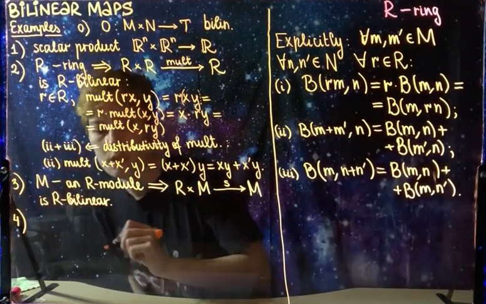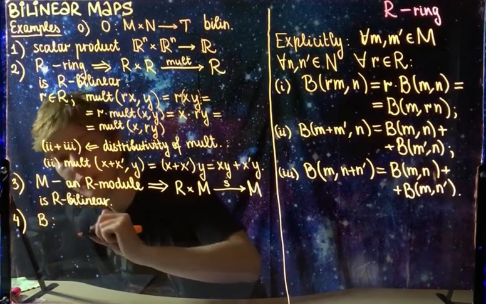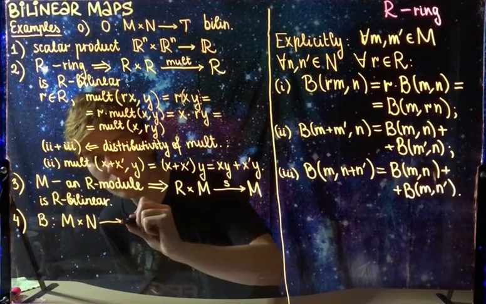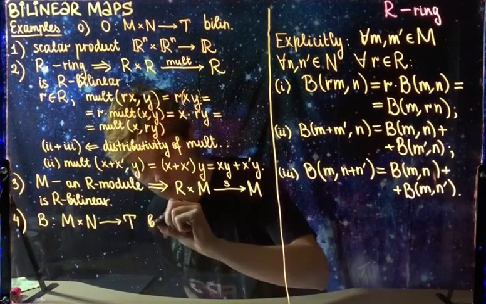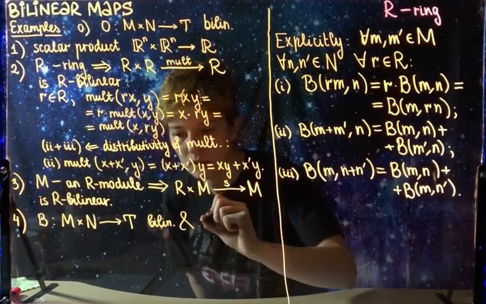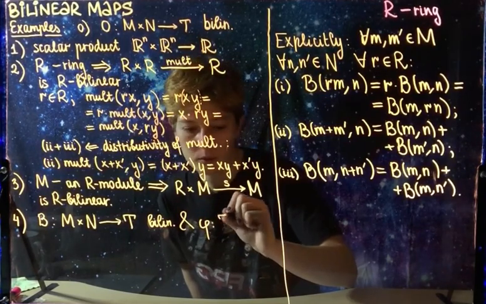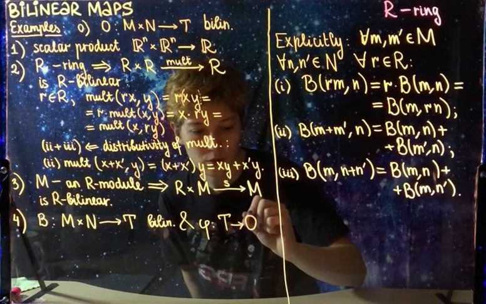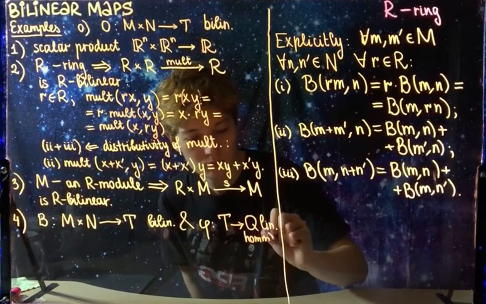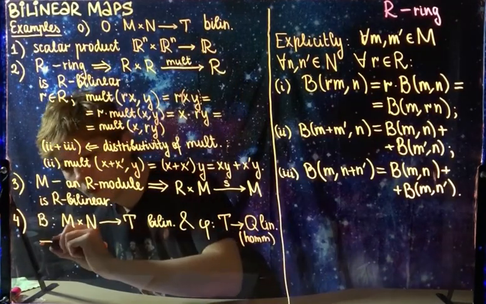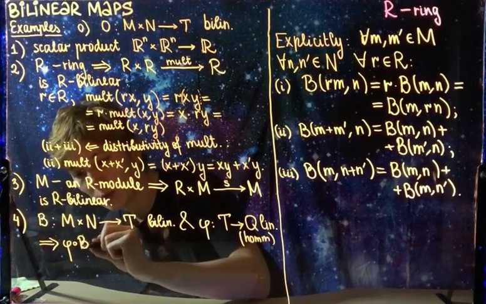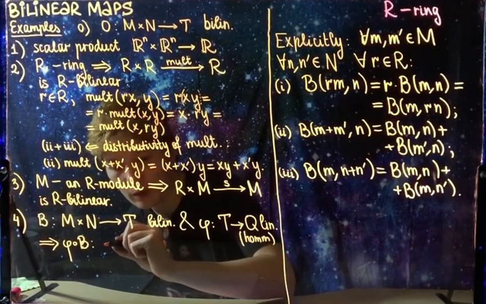The fourth example is more like a general construction. If B is a bilinear map from M cross N to T, and phi from T to Q is linear, so if phi is a homomorphism, then the composition of phi with B is a bilinear map.